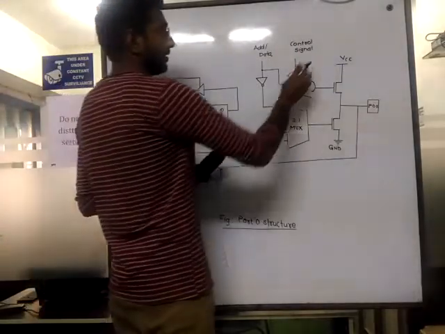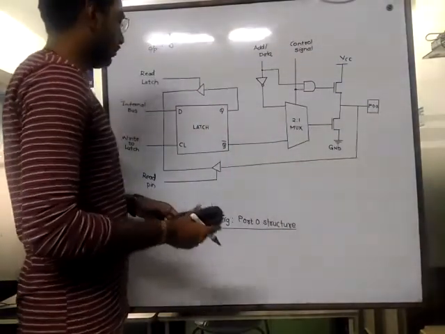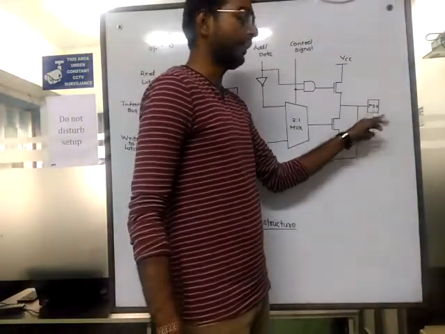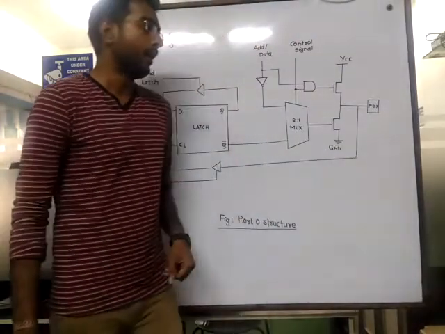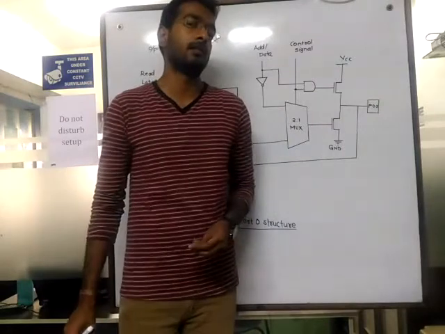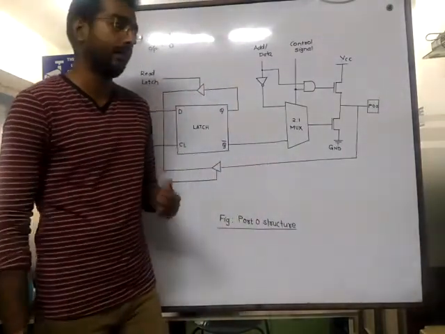And another thing is the control signal. As we know, port 0 can be used as an input output port, and port 0 also provides the address lines from A0 to A8.